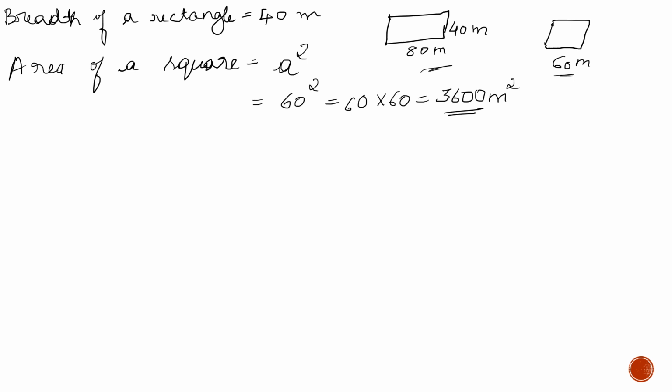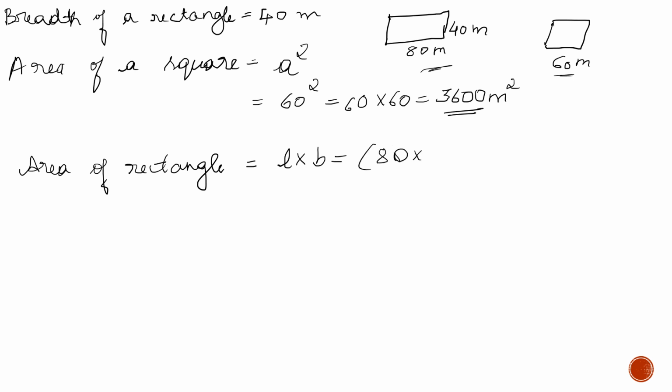Next, area of the rectangle, which is equal to length into breadth, which is equal to 80 meter into 40 meter.